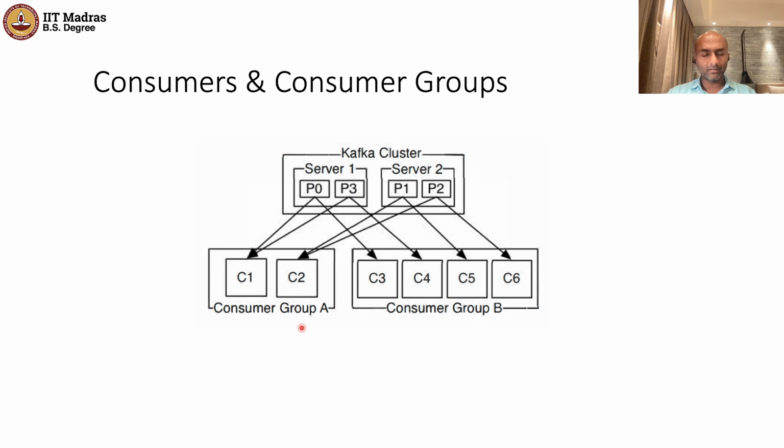A typical consumer obviously needs all 4 partitions to get the complete data. But the consumers themselves can be organized as groups, and those groups are effectively parallelizing the consumption behavior. So let's say I'm creating 2 consumer groups, Group A and Group B. Group A has 2 consumers, which are 2 different server processes, and Group B has 4 consumers, right?